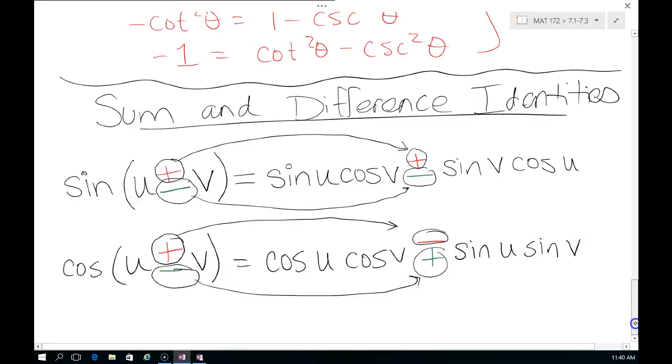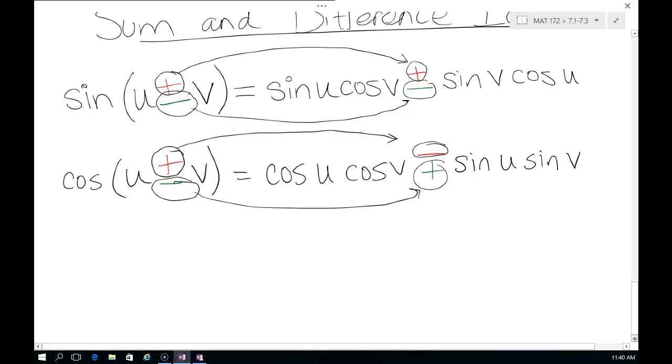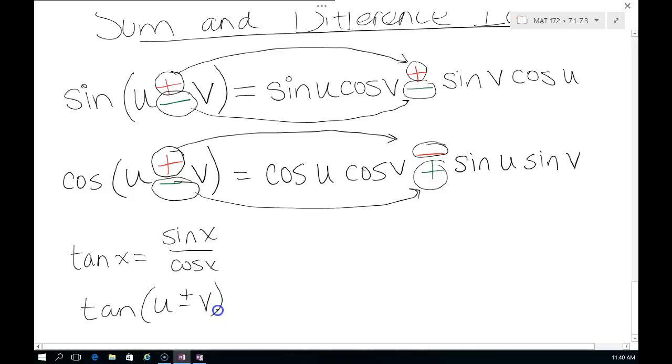So it's not really important to memorize the tangent formula, but because tangent, remember, is sine divided by cosine, tangent of u plus or minus v is going to have some of the properties for sine in the top and some of the properties for cosine in the bottom.